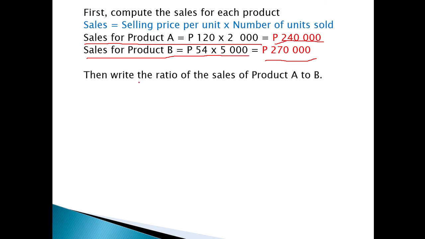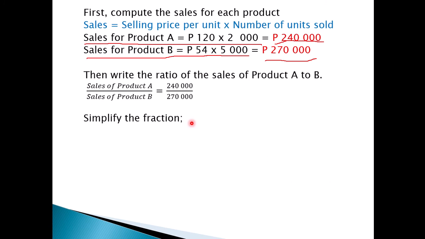After that, write the ratio of the sales of product A to product B. Therefore, we write 240,000 pesos over 270,000 pesos for the ratio. And then we simplify the given fraction, and as we simplify that, that's 24 over 27. And then 24 over 27, both numbers are divisible by 3.